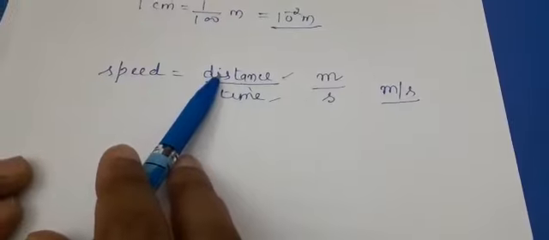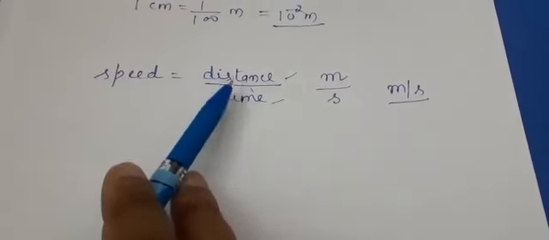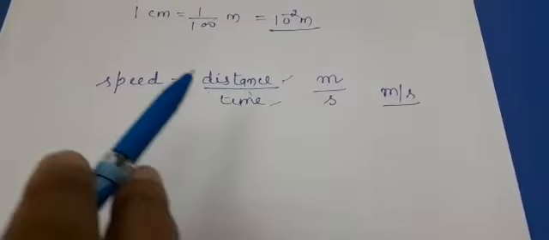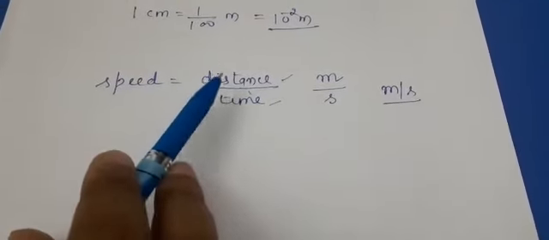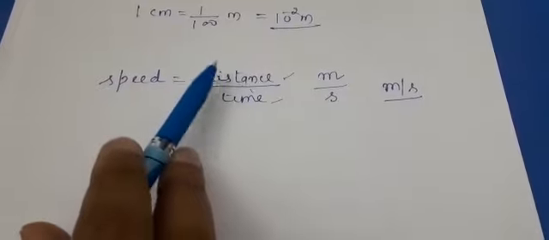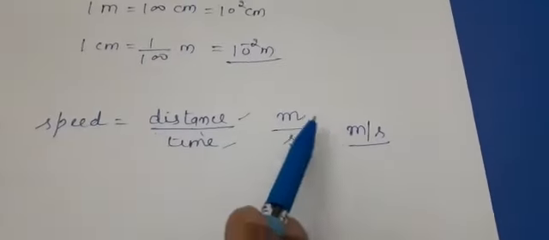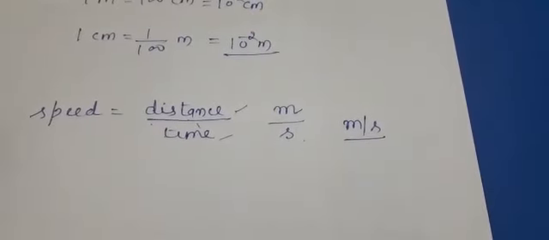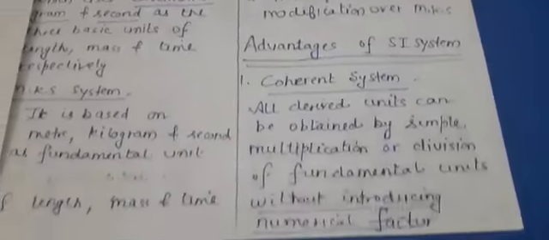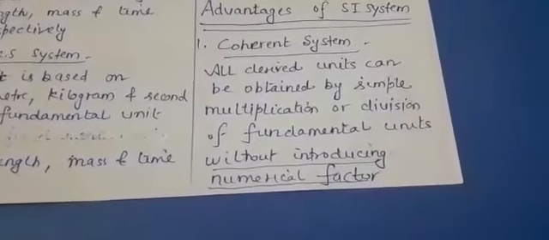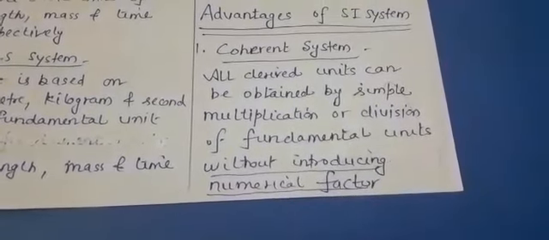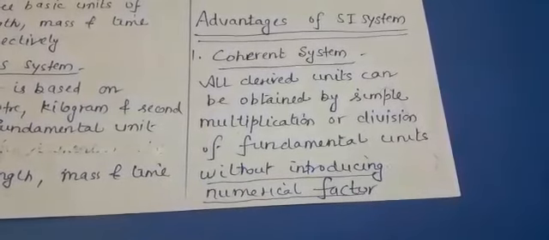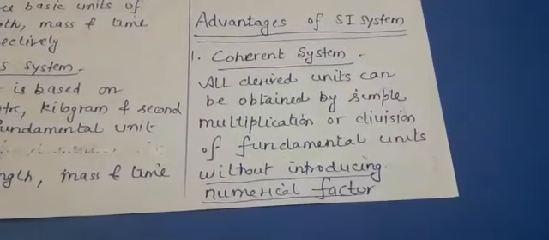Basically, when we are talking about units, first of all, obviously we have to take the unit from the formula. When the quantities are multiplied or divided, automatically their units are also multiplied or divided. So coherent system is a system in which units can be obtained by multiplying or dividing fundamental units, especially without introducing any numerical factor.